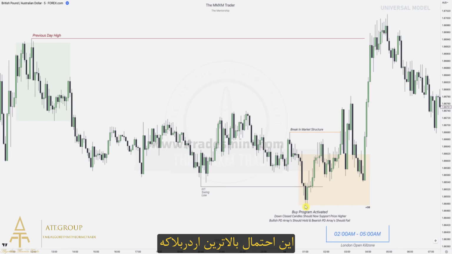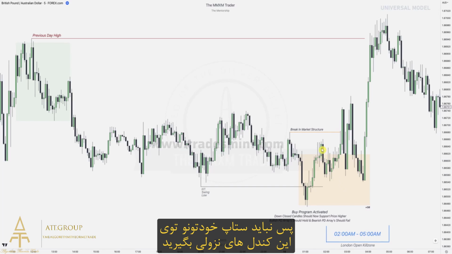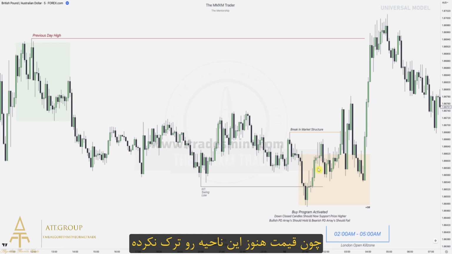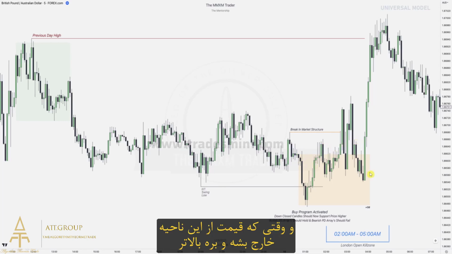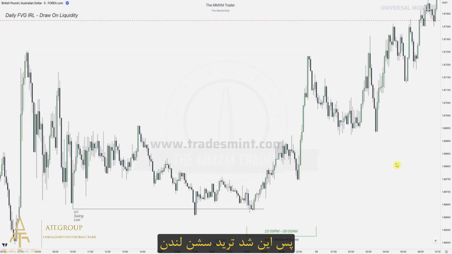And this is the highest probability order block, right? Because we take out sell side liquidity and break up structure afterwards. So you shouldn't frame your trades on these down close candles down here, right? Because we're still not leaving this area. And then until we do leave this area up here and higher, then we can use the other down close candles, right? So that's a London session trade.